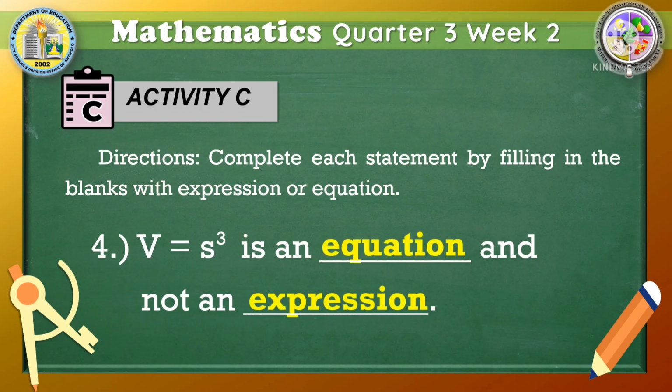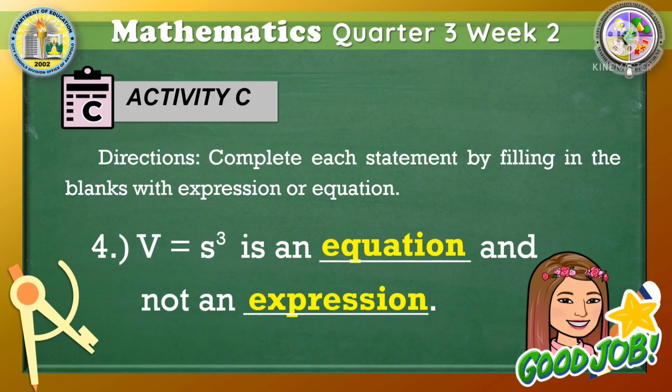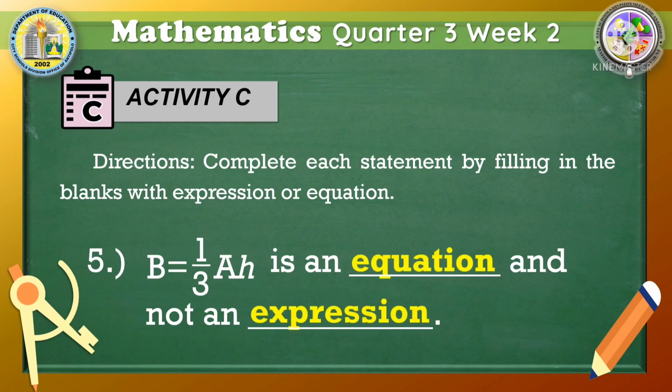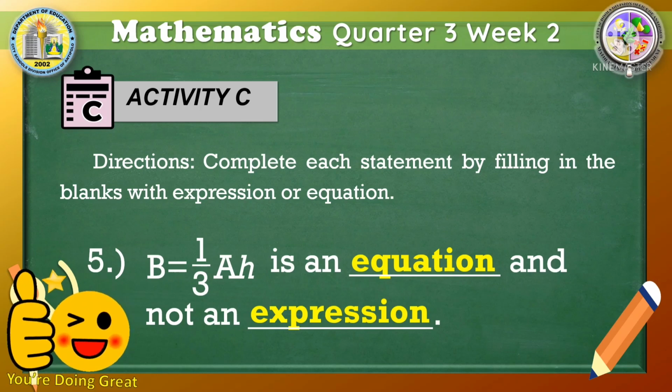Is your answer the same? Good job! For number 5, B is equal to 1/3 AH is an equation and not an expression. Did you have the same answer? You're doing great!